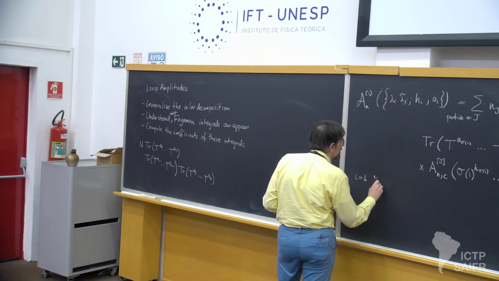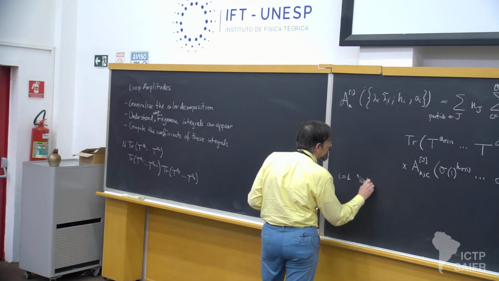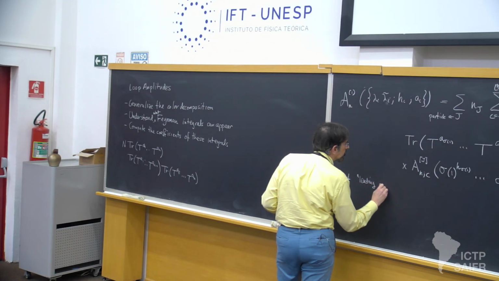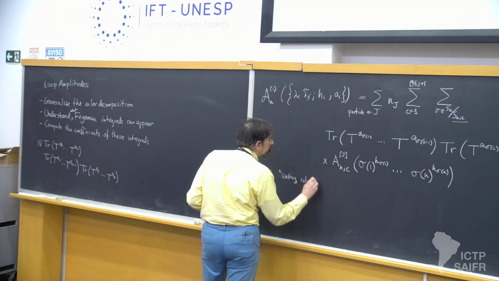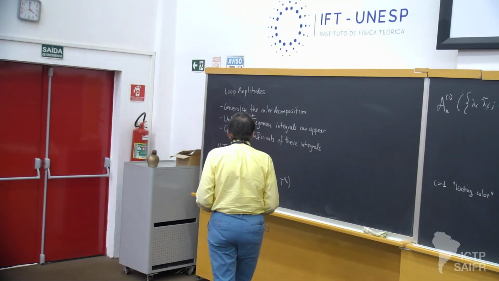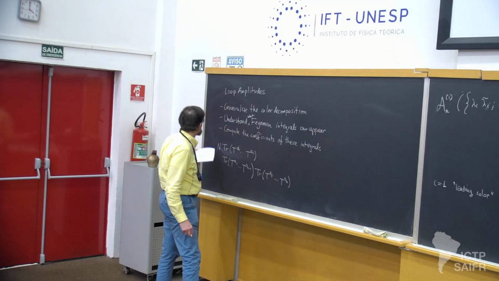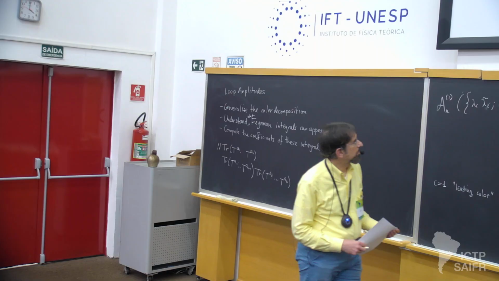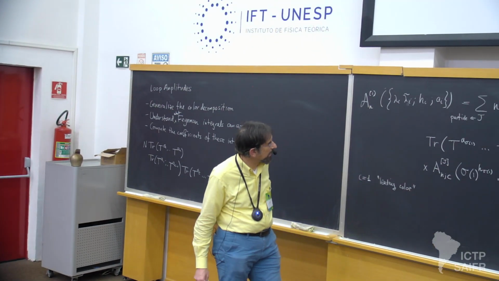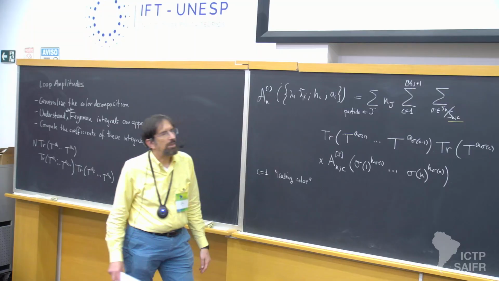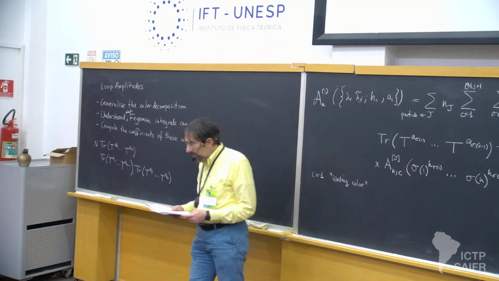So this C equals 1 is the leading color amplitude. And it's called that partially because of the factor of n, so it dominates in, for example, differential cross-sections over the subleading color amplitudes, but also because of the way that the color sums work.